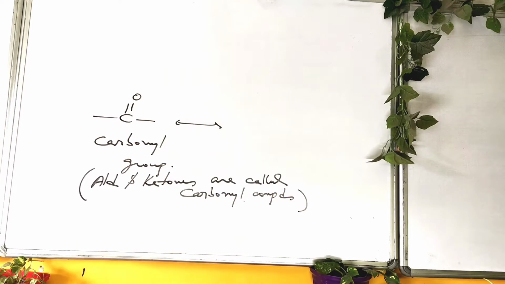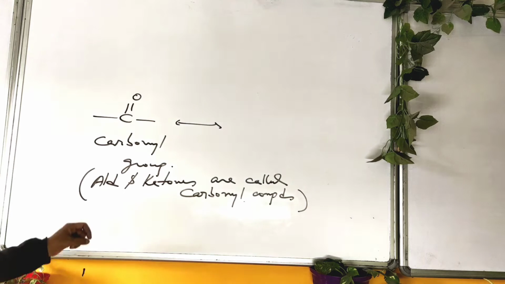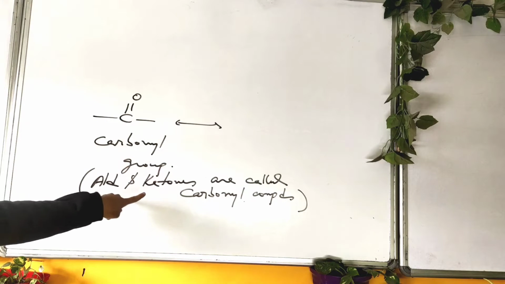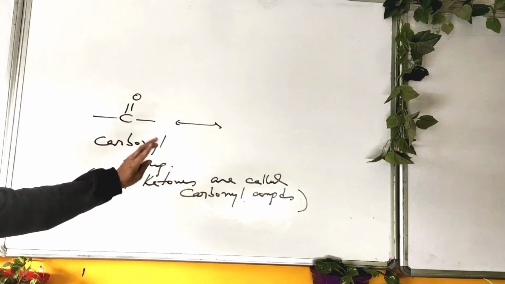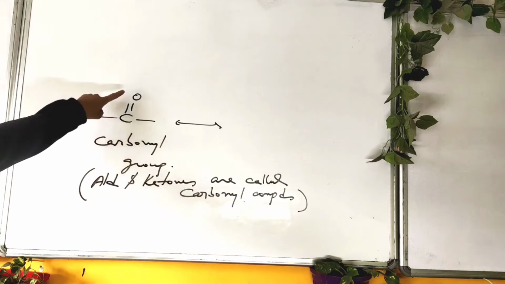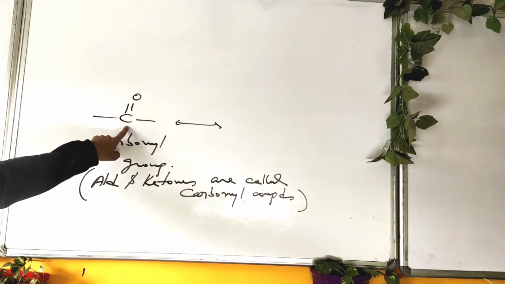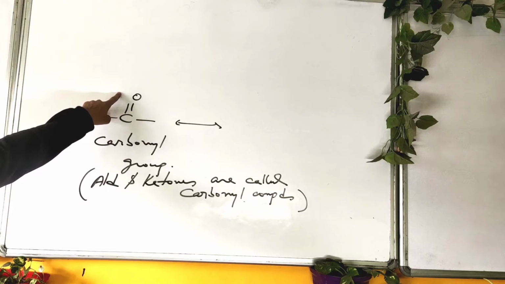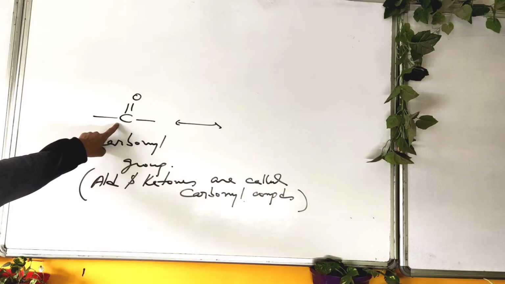So remember it, due to the presence of the carbonyl group in aldehydes and ketones, together they are called carbonyl compounds. You know that oxygen is more electronegative than carbon. The electronegativity value of oxygen is 3.5 and carbon is 2.4.